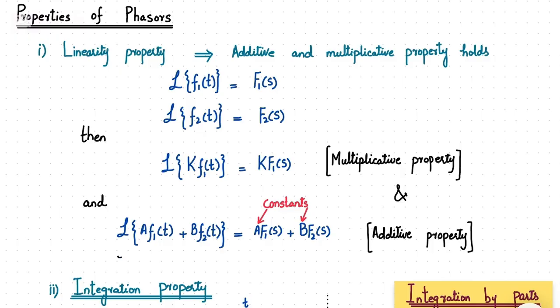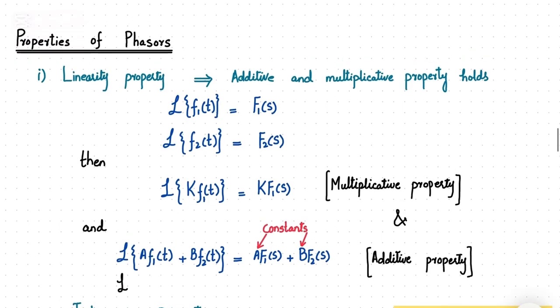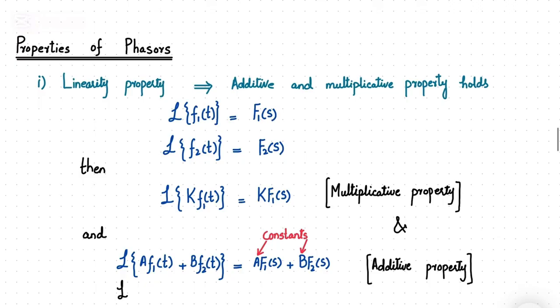It means, let's say we need to calculate the Laplace transform of u of t plus the Laplace transform of e raised to power minus alpha t u of t. We have already calculated the Laplace transform of both of these two functions.